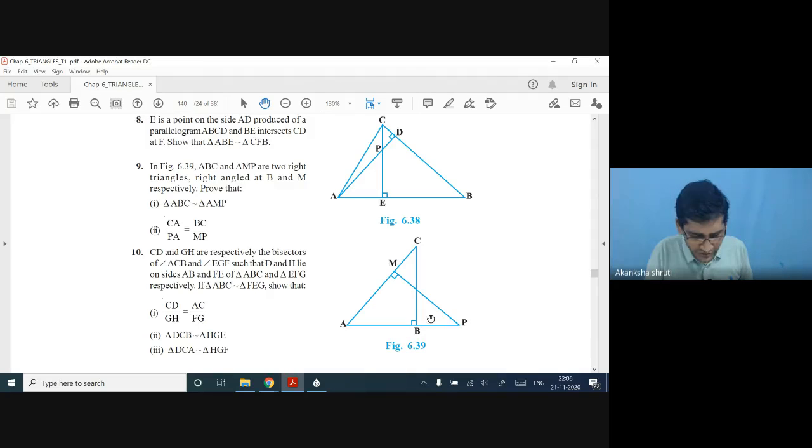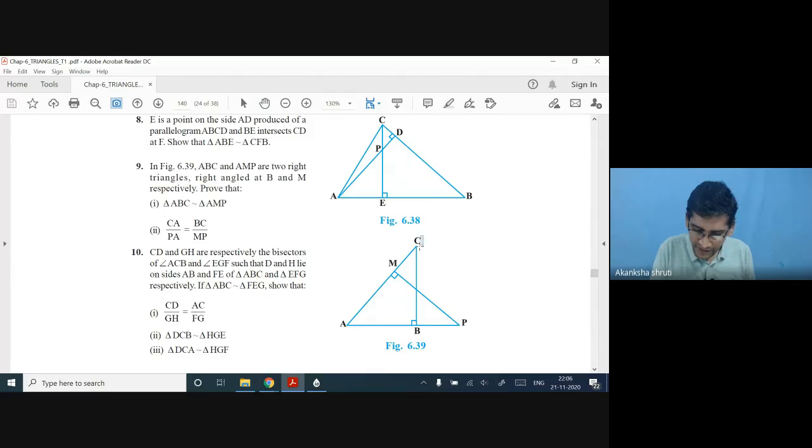In this case, we have to take the two triangles, the smaller triangle and this bigger triangle. Observe, CA is required, so you must take the triangle with AC or CA. Then the other part of the ratio is BC, so you must consider this BC. So what could be the triangle here that we shall consider?